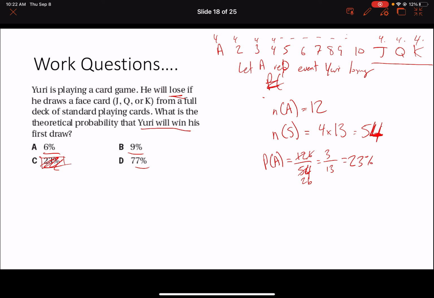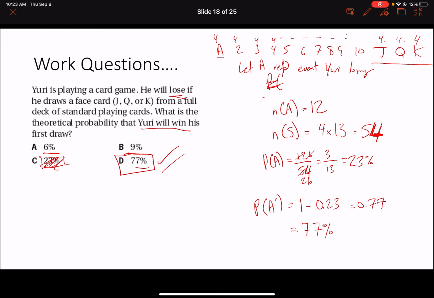The probability that Yuri will win is P of A prime, which is 1 minus 0.23, because 0.23 is equal to 23%. That's equal to 77%, or 0.77. That's your answer.